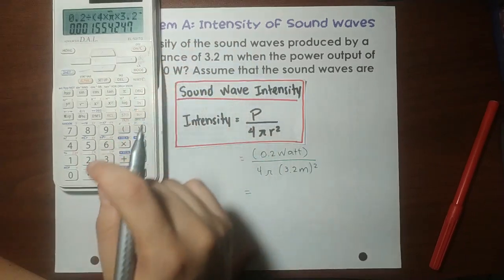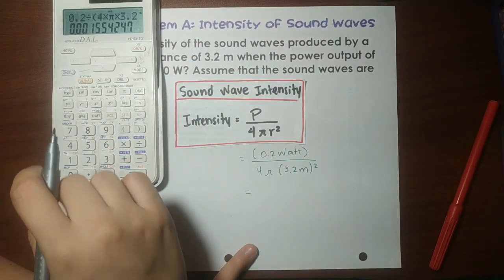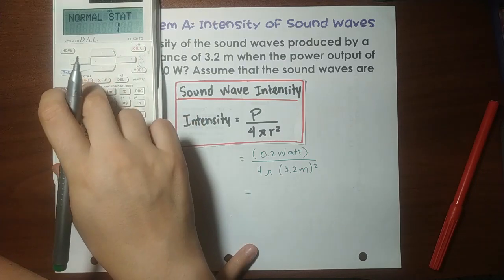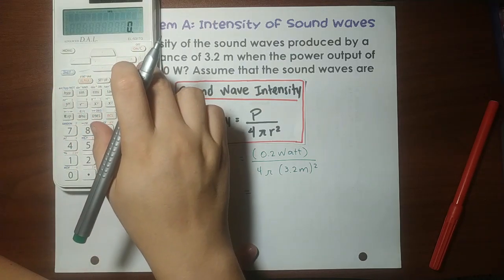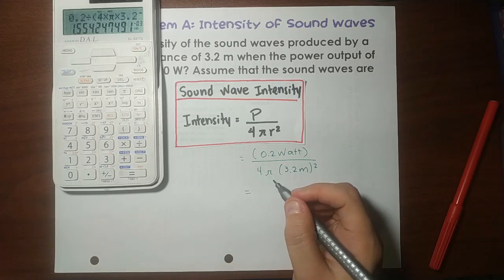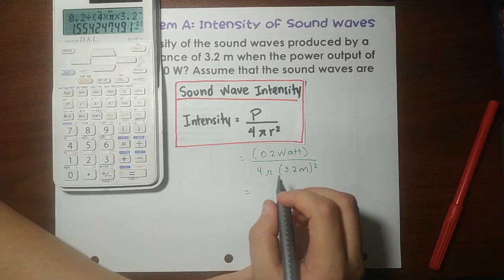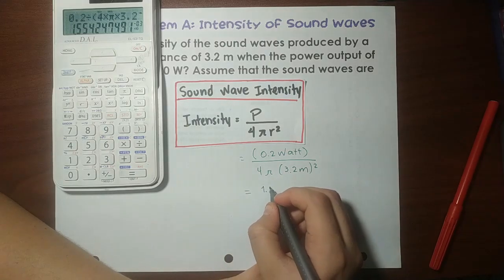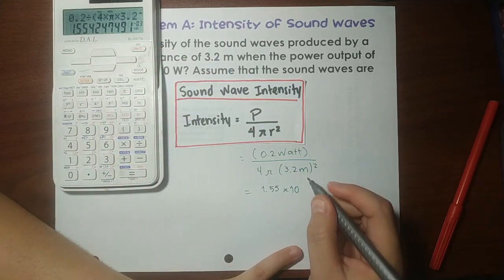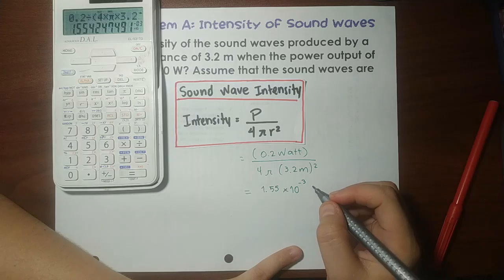I will write it in scientific notation, because the number was too small. So I got 1.55 times 10 to the negative third power.